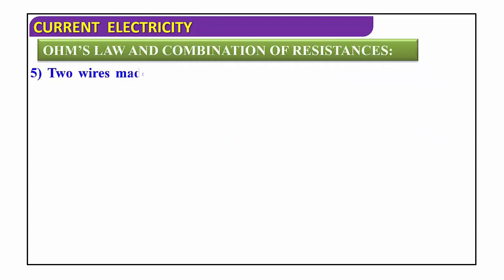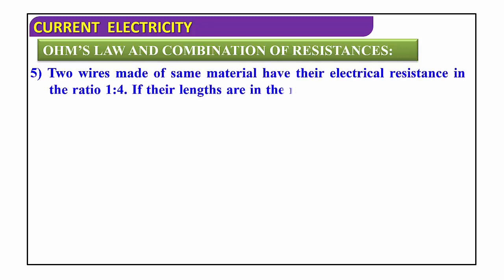Yes. Now the questions are based on Ohm's law and combination of resistance. As you have studied about Ohm's law in your theory regular classes, you can remember the equation. V is directly proportional to I. Potential difference across the ends of the conductor is directly proportional to the electric current in the conductor when all the physical conditions remain constant, temperature and other physical conditions.